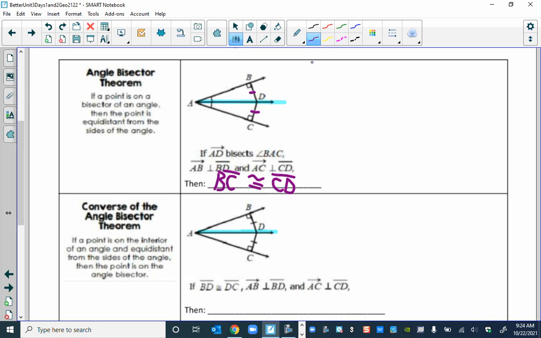This angle BAD is congruent to CAD, that angle right there. And then on a technicality, you could also say this angle right here, and this angle right there are also going to be congruent.